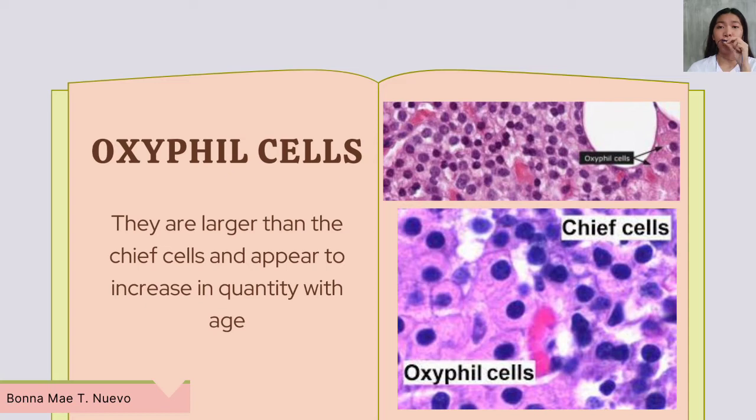Their abundant cytoplasmic area is filled with numerous large, often bizarre-shaped mitochondria. It is perceived that oxyphil cells may be derived from chief cells at puberty, as they are not present at birth like chief cells. The purpose of these cells is not entirely understood.